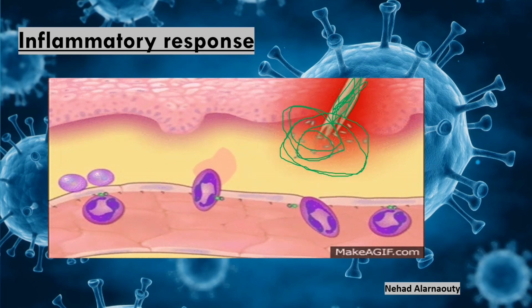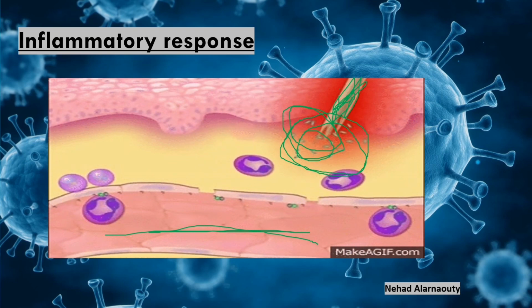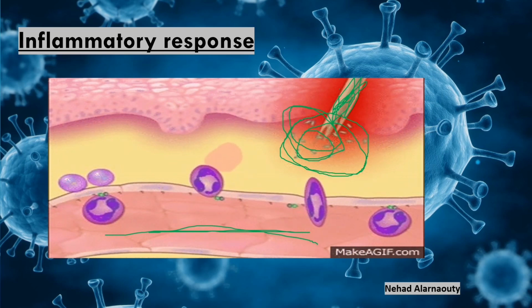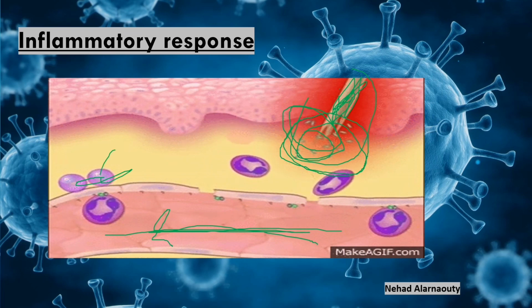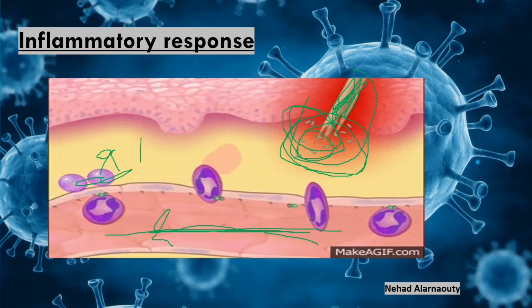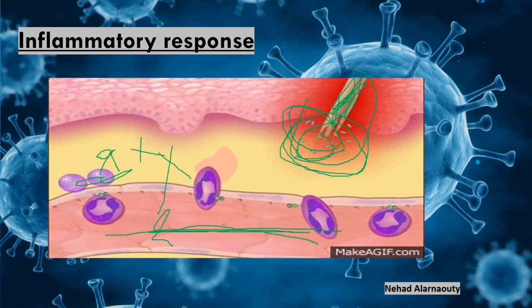And this is the nearest blood vessel to the infected area. Once this infection happens, the blood flow will increase, because the mast cells will give out histamine. What is the meaning of histamine? It's a chemical that causes the whole inflammatory response.